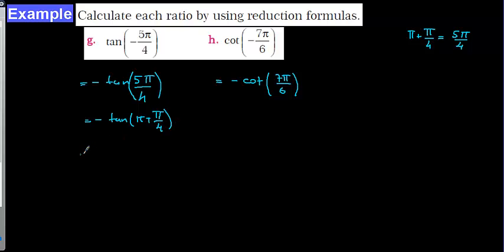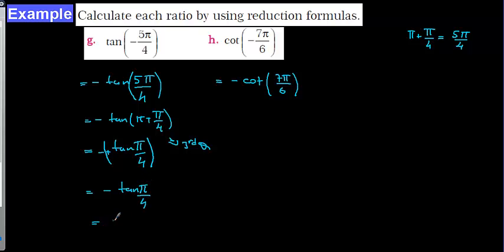Now we have the function tangent pi, which means we are not changing the function: tangent pi over 4. In the formula, pi plus pi over 4 is in the third quadrant. In the third quadrant, tangent is going to be positive, because sine and cosine are negative in the third quadrant. So the answer is going to be equal to minus tangent pi over 4.